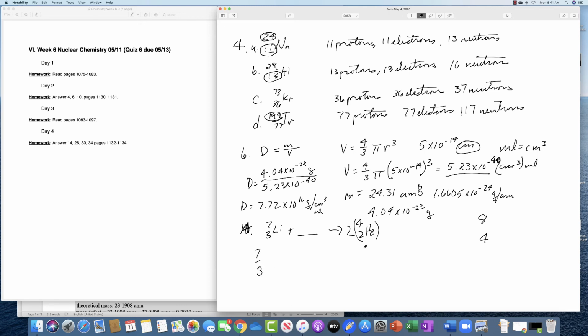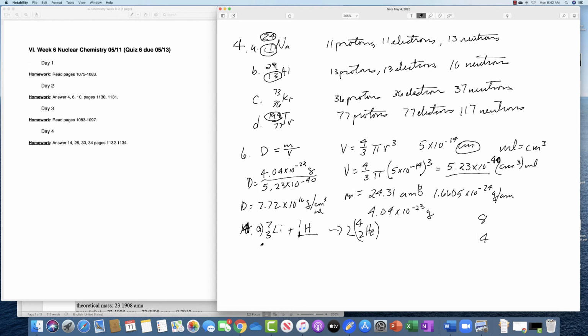So in order for these to be balanced, you have to have a 1 and a 1 here. Now, what has an atomic mass of 1 and atomic number of 1? Well, if you look that up, you'll find that that's a hydrogen atom. So a hydrogen atom added to lithium goes to form 2 helium atoms. That's what that shows. Let's look at B.